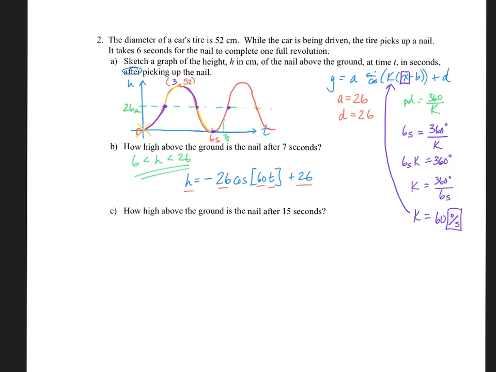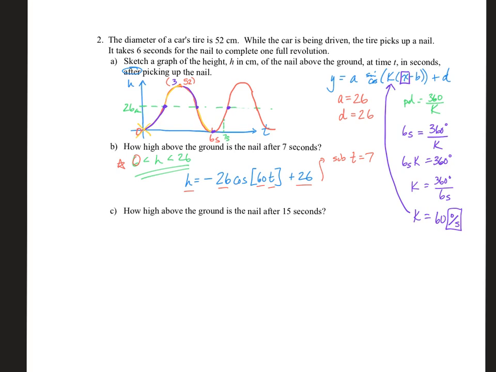Now that you have that, it should be really easy for us to work our way through. To answer that question, we're going to sub in t equals 7. Remember our expectation, we should be getting an answer somewhere between 0 and 26.